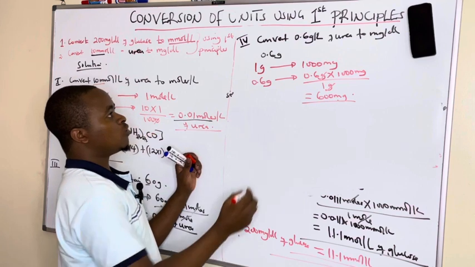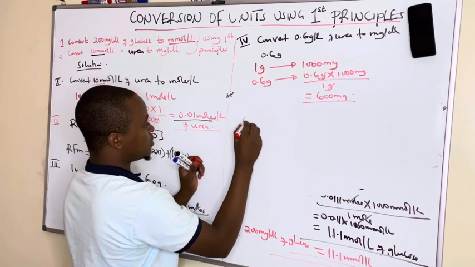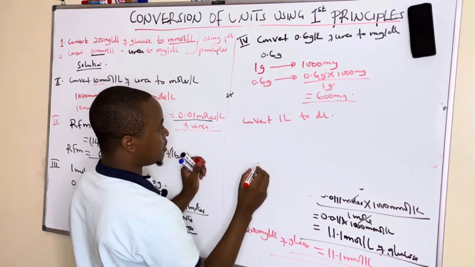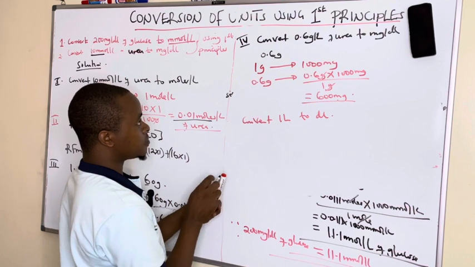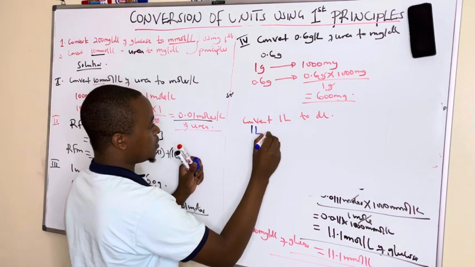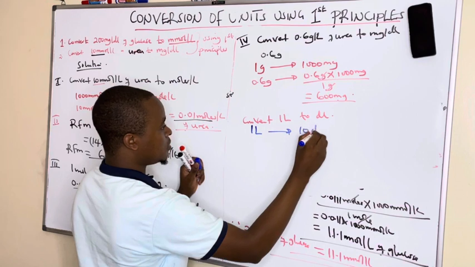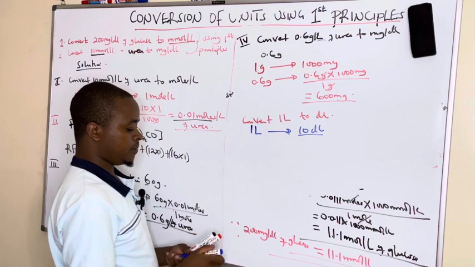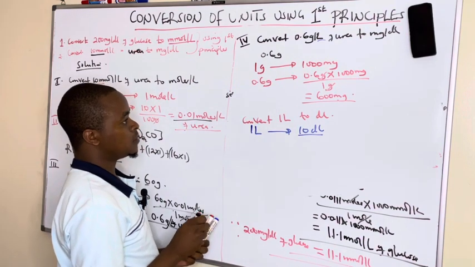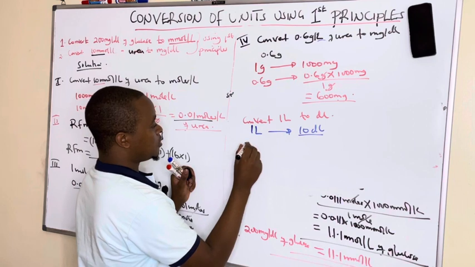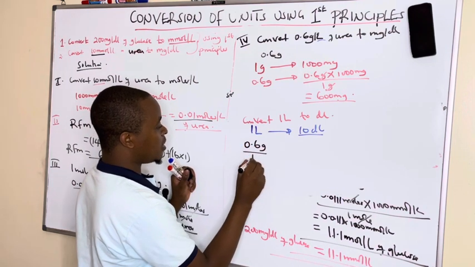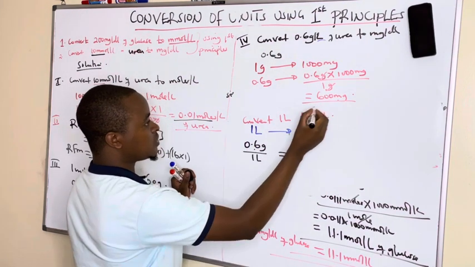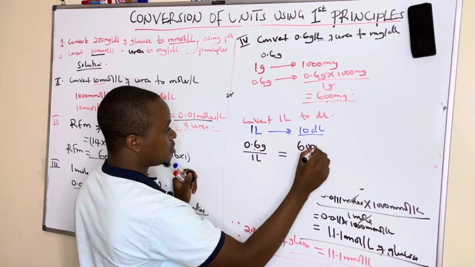After getting that, we also convert 1 liter to deciliter, and we know that 1 liter is equivalent to 10 deciliters. So where there is a liter, we are going to replace it with 10 deciliters, and we shall conclude by saying that 0.6 grams divided by 1 liter is the same as where there is 0.6 grams, we put 600 milligrams.